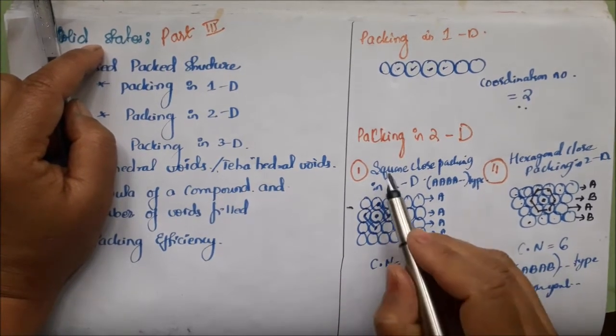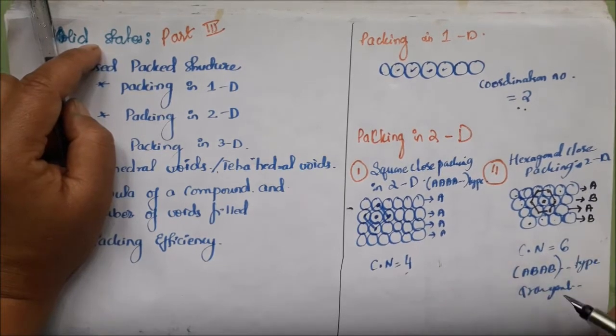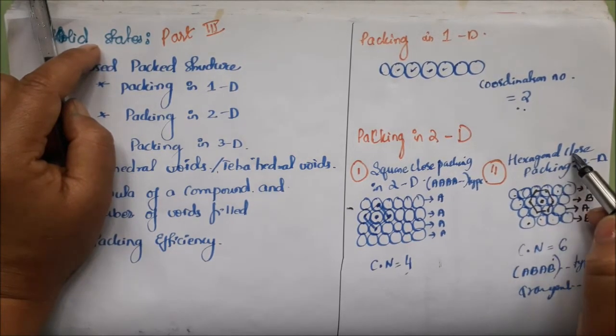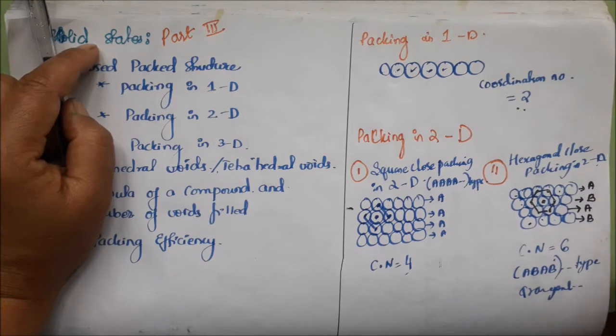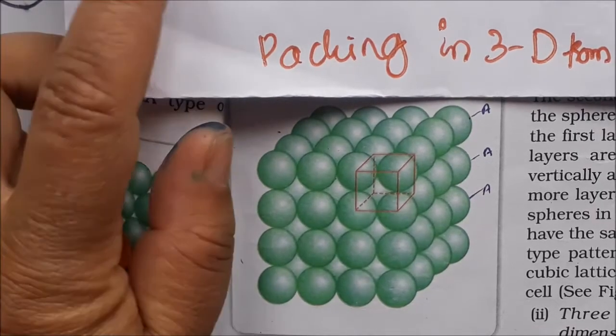Coordination number of square close packing in two dimensions is 4, and of hexagonal close packing in two dimensions is 6. Next, packing in 3 dimensions.